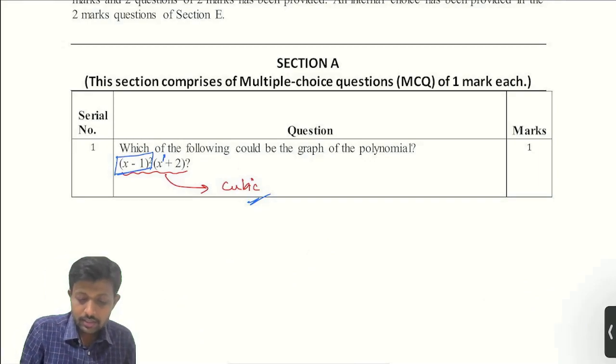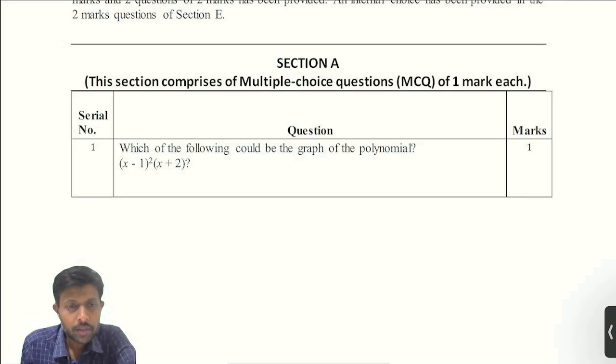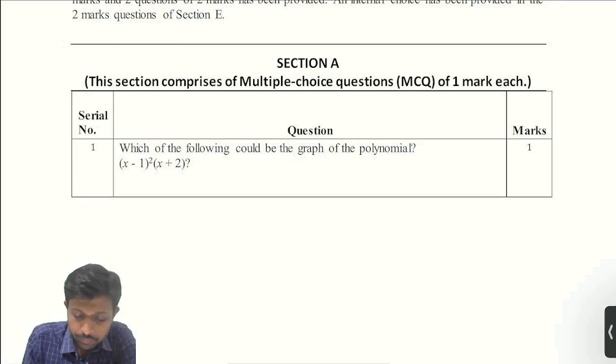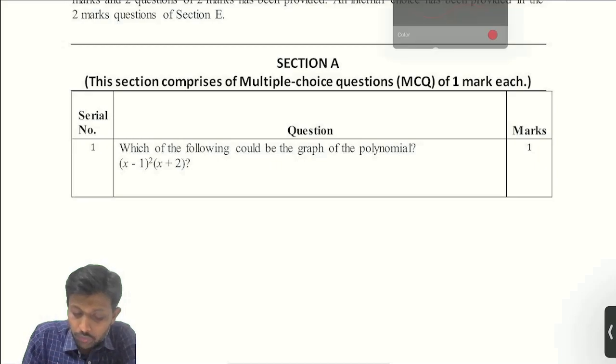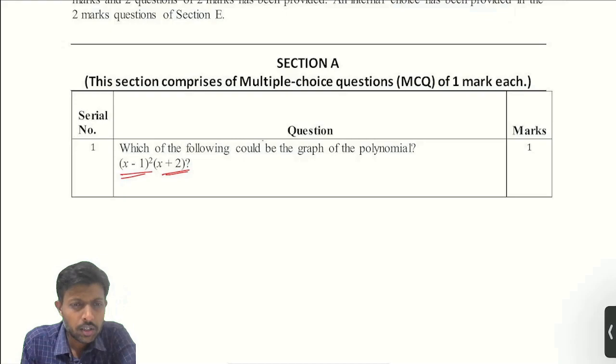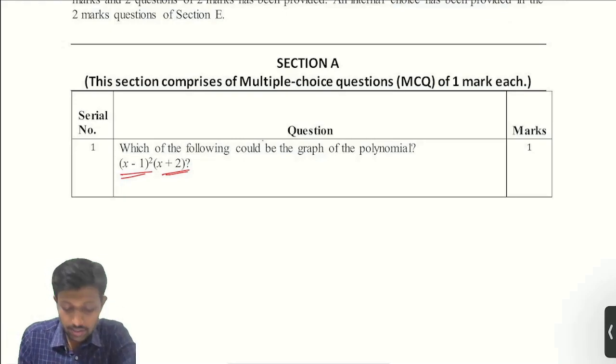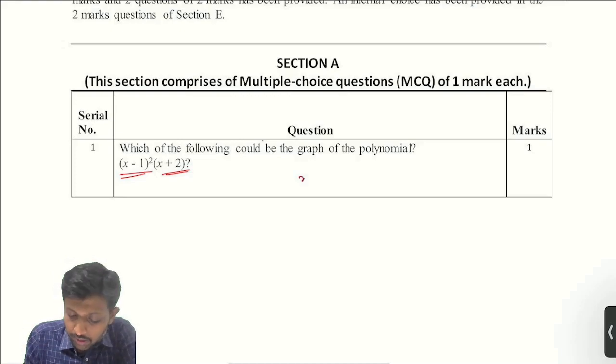Now let's look at the zeros of this cubic polynomial. We don't need to find all the zeros, just a few would help us. Let's see what we can find out. So this cubic polynomial will become 0 if either of these terms, if any of these 2 terms become 0, the entire polynomial will become 0. I hope everyone understands that. When will x minus 1 become 0?